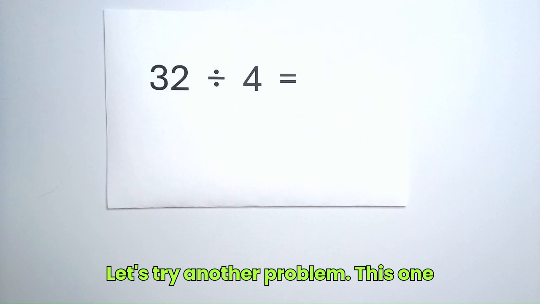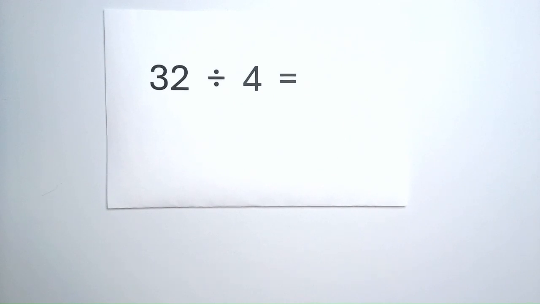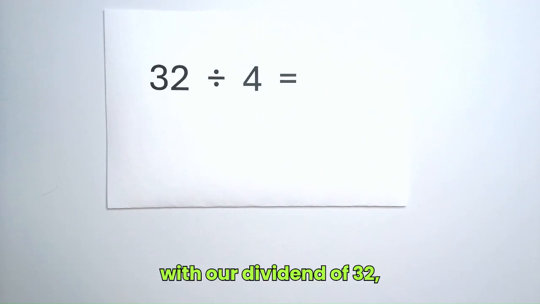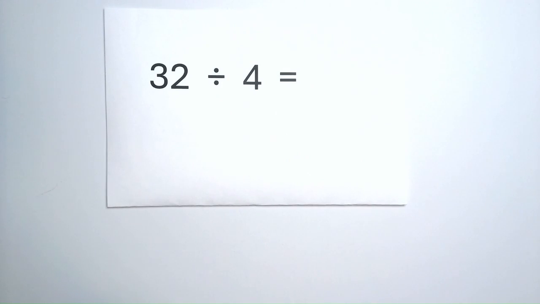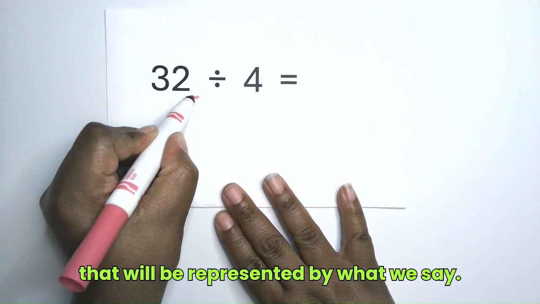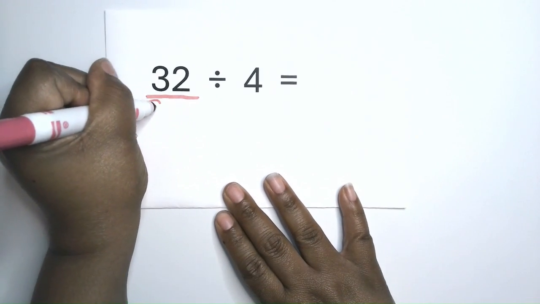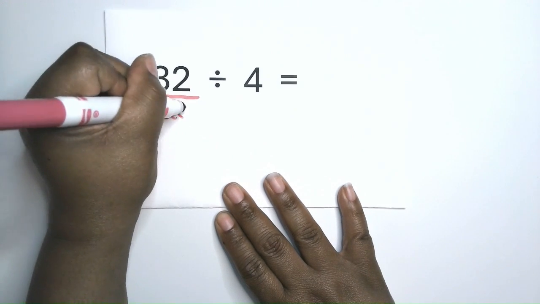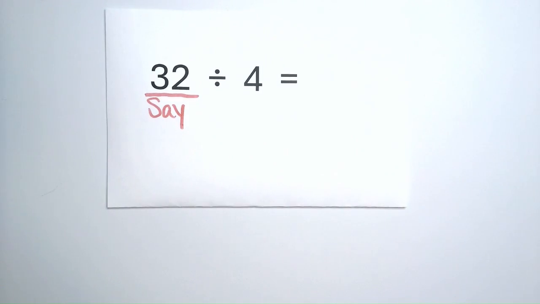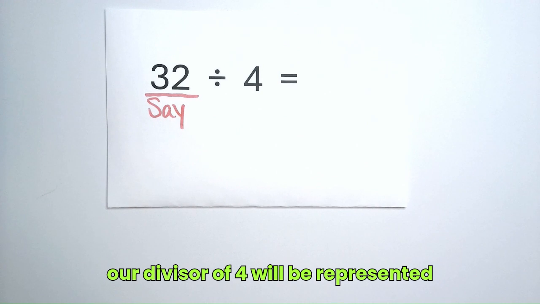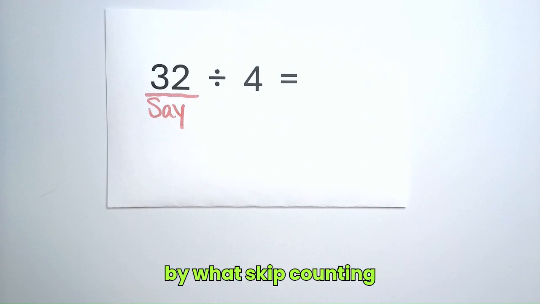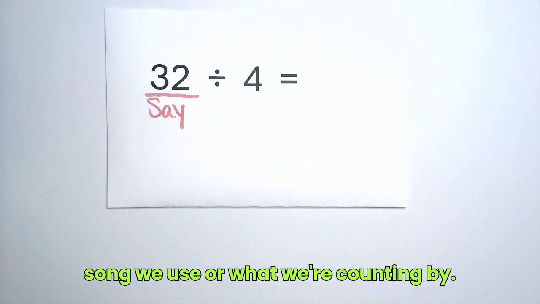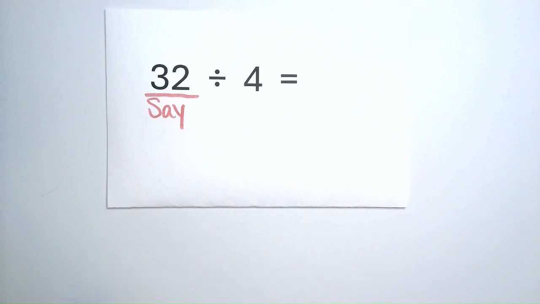Let's try another problem. This one says 32 divided by 4. Starting with our dividend of 32, that will be represented by what we say. Our divisor of 4 will be represented by what skip counting song we use, or what we're counting by.